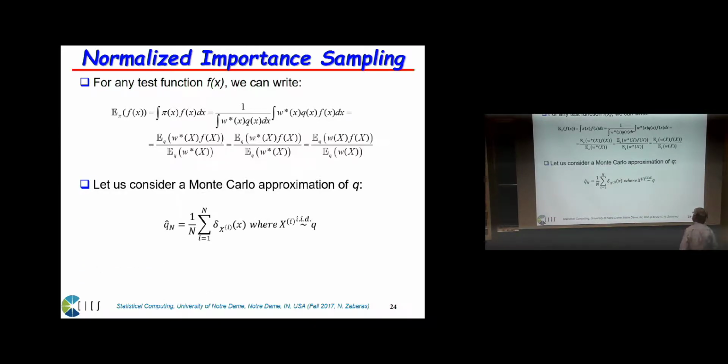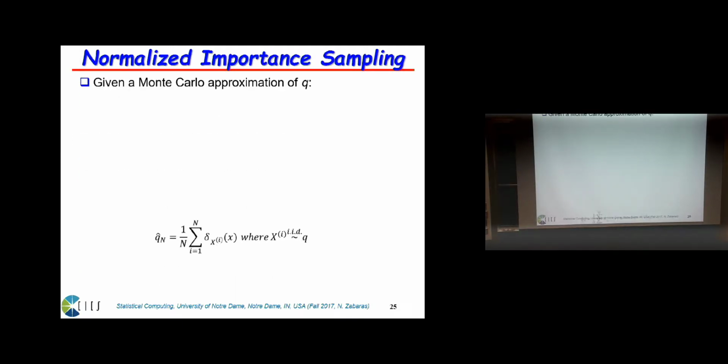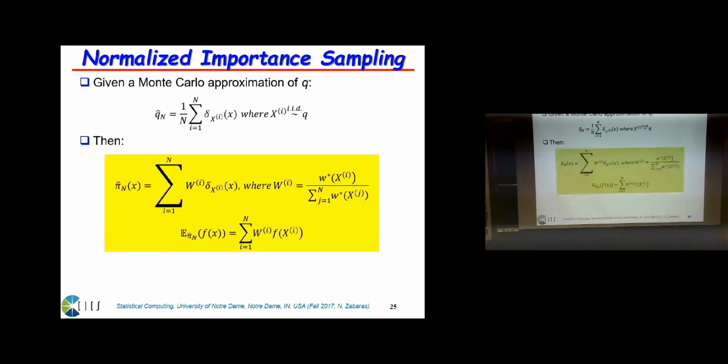If we use our Monte Carlo approximation for q, exactly as before, and we plug in the numerator and the denominator, this is what the answer looks like. Our estimator is going to be a summation of some weights times these delta functions. By the way, you notice here there's a capital W, some new notation. The capital W is W star at xi divided by the summation of all the W stars.